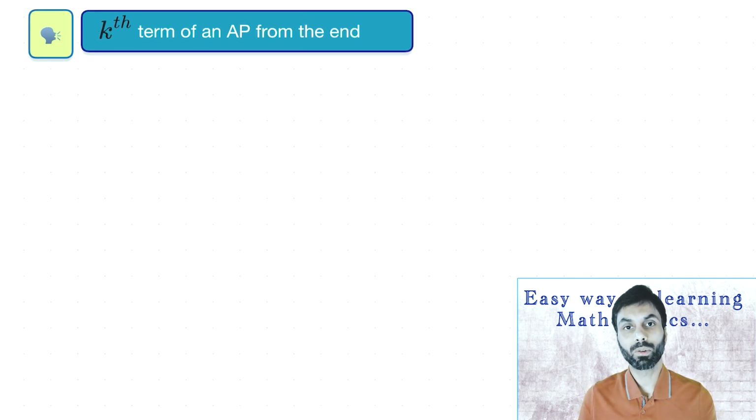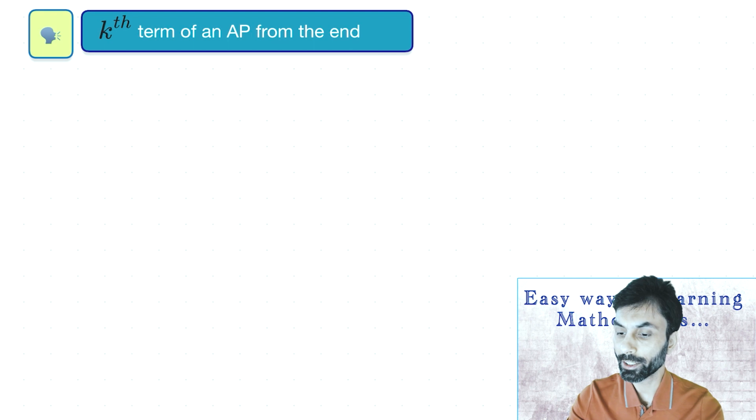Next, let's talk about how to find any term from the end of an arithmetic progression. Let us suppose we want to find the kth term from the end of an AP. There are 2 ways by which we can find it.